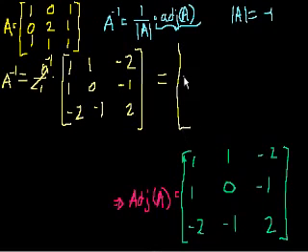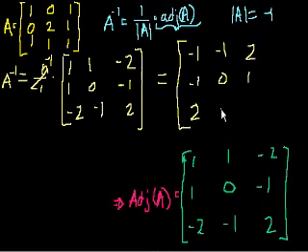So we get, if I haven't made any careless mistakes, minus 1, plus 2, minus 1, 0, 1, 2, 1, minus 2. I think that I have, let's see, I just did a minus times everything. That looks right. And so that is A inverse.